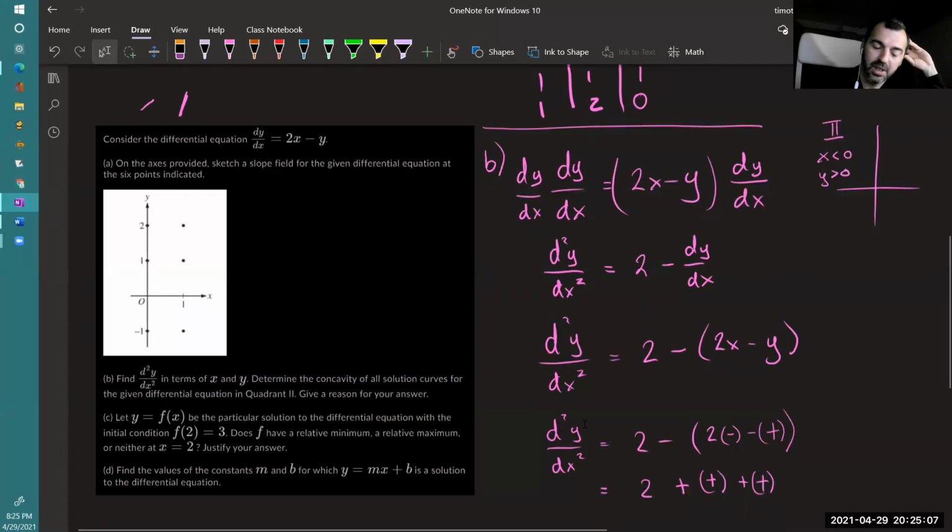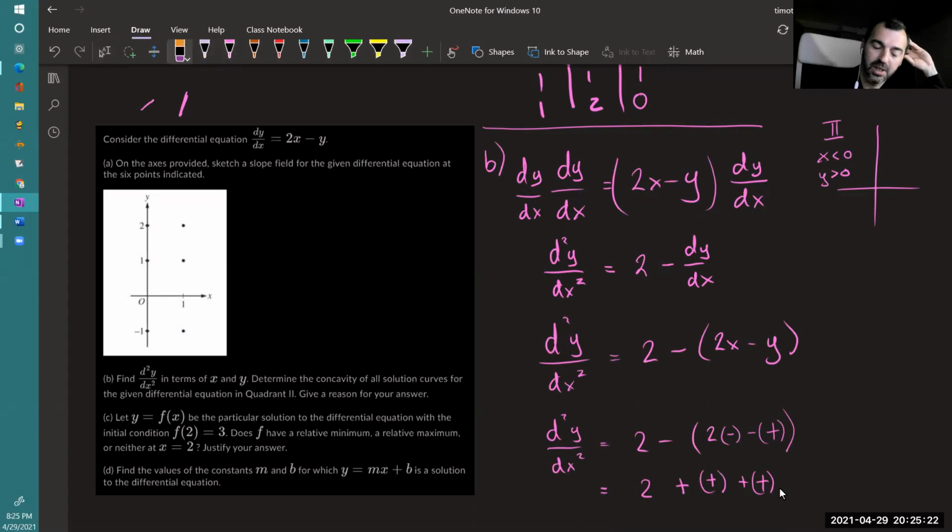So my second derivative here always tells me my concavity. What's 2 plus a positive number plus another positive number? This is positive, or greater than 0.